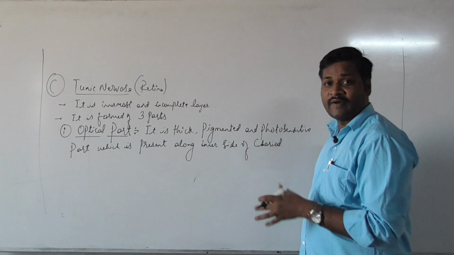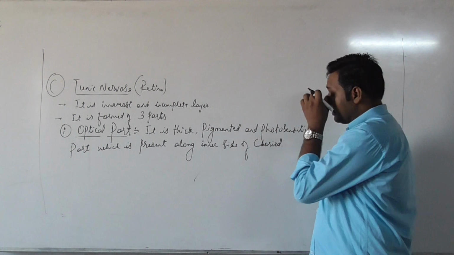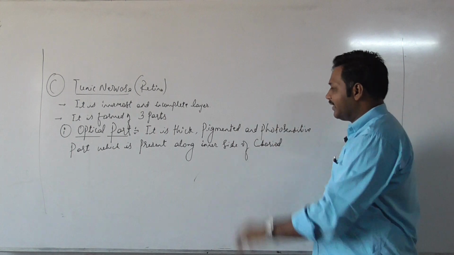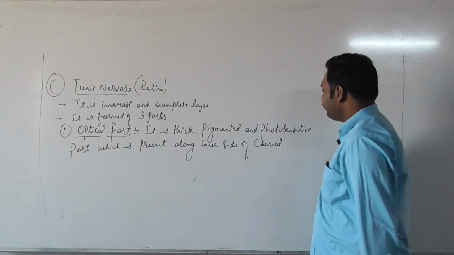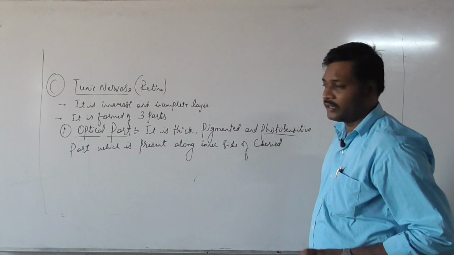We have seen the structure of the eye, where exactly the choroid is present. Inner to the choroid there is a thick pigmented photosensitive part, which is referred to as the optical part.